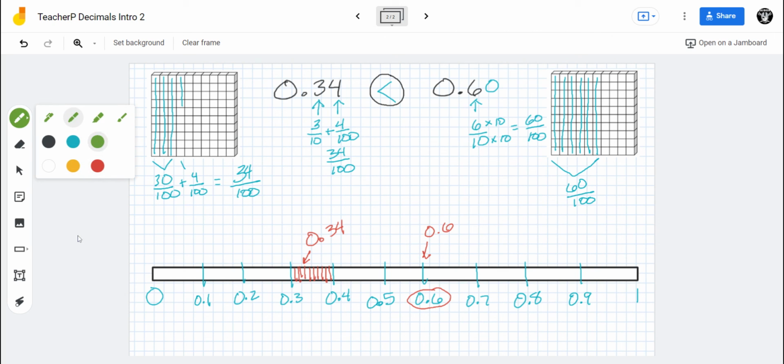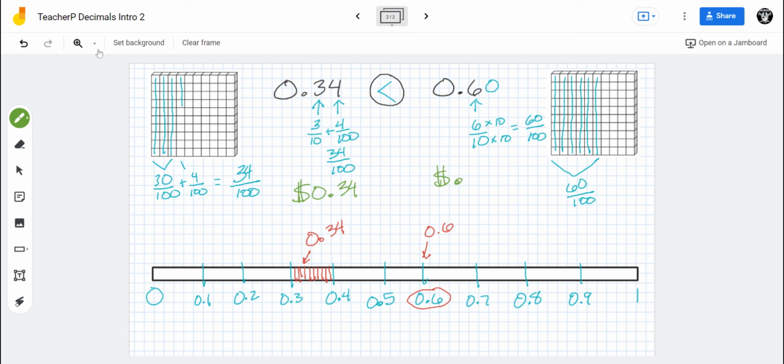One more way you can think about it, it's always good to relate decimals to money, and 0.34 is equivalent to 34 cents. So you can also think of it that way, right? 34 cents. So you could do a quarter and 9 pennies, something like that. And 0.60 is equivalent to 60 cents.